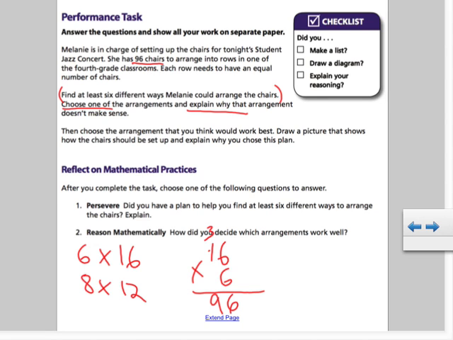3 rows of 32. Can I show you a trick on why I know that makes sense without even checking it? Here's something you might notice one day with multiplication. So 6 times 16 is 96.